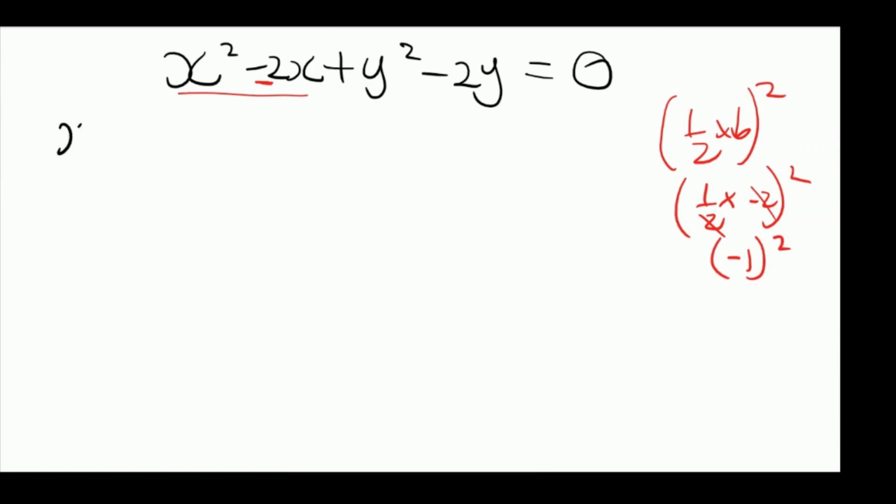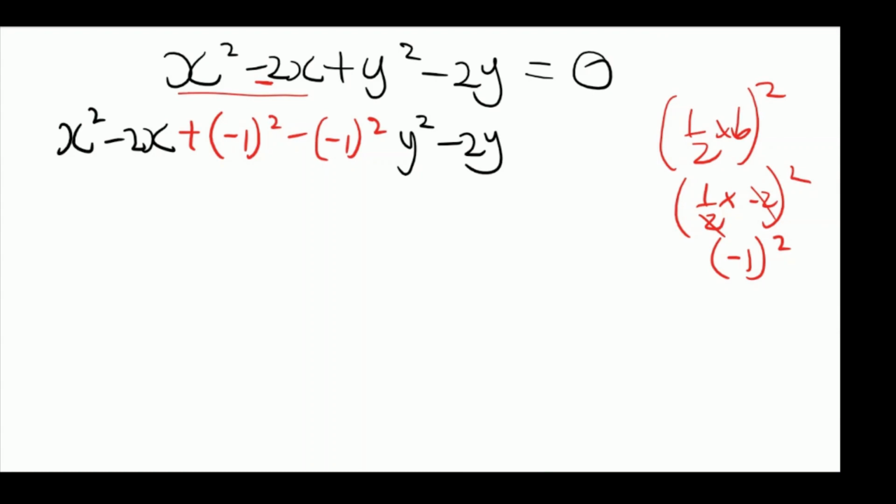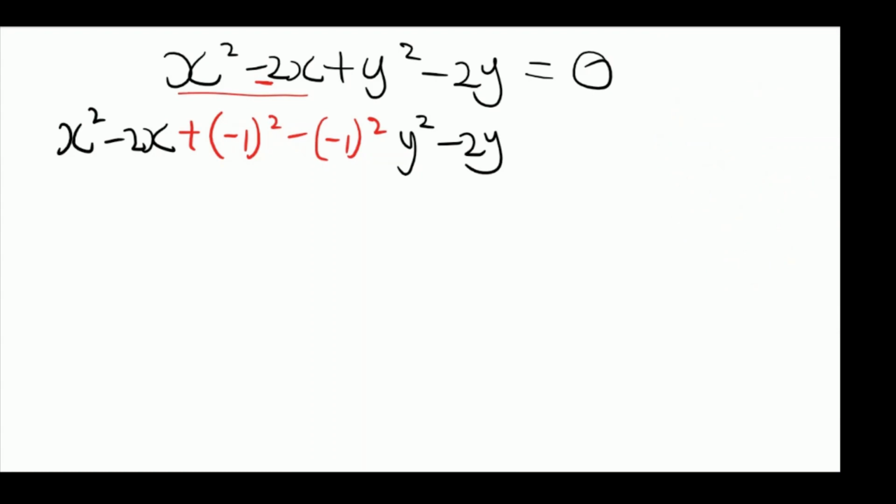So meaning when I have x squared minus 2x, then we're going to add the minus 1 squared, and then we subtract it again, minus 1 squared, right? And then we write our y squared minus 2y, right? So we're going to do the same thing here for the y value now.